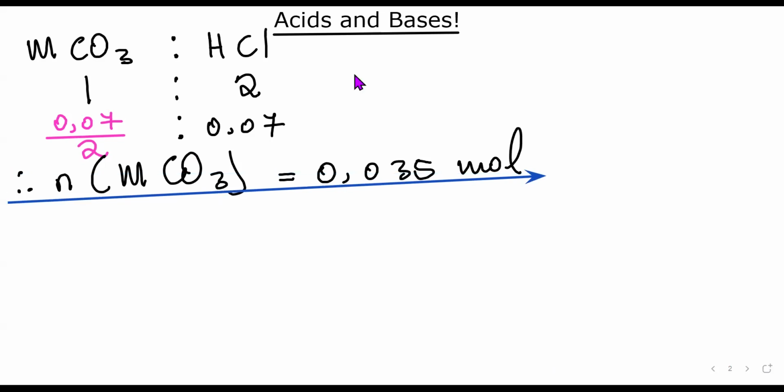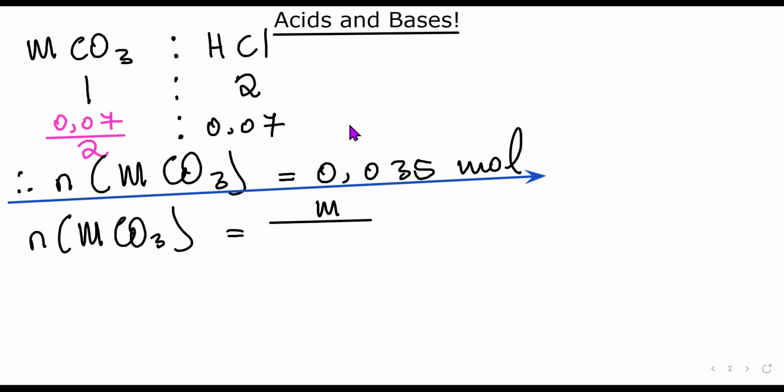We were also given the mass of this metal carbonate. Now we just need to find the molar mass of the entire metal carbonate. You can do this in one of two ways, really. You can choose to find the molar mass itself, or you can choose to substitute into your molar mass.